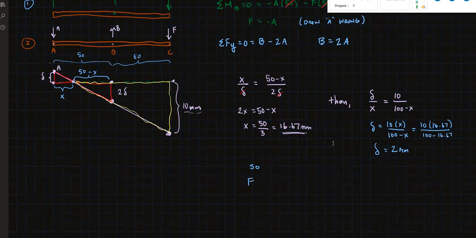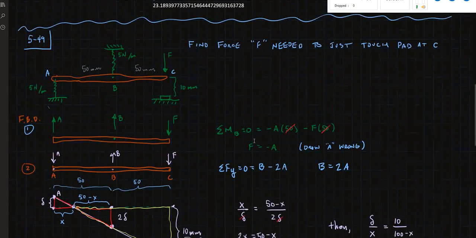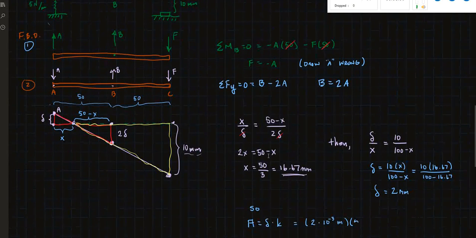So the force A is delta times K, which equals 2 times 10 to the minus 3 meters times 5 newtons per meter.